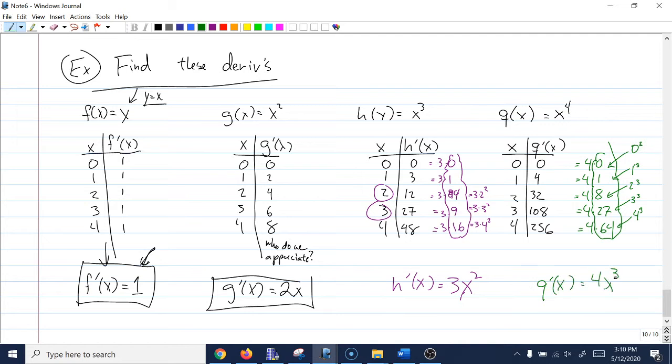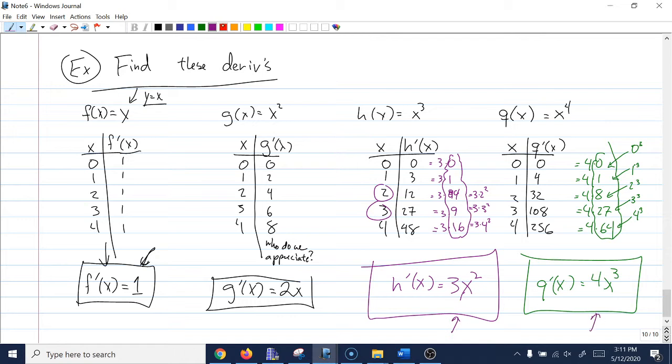And now we've noticed 4 separate patterns, and our hope is to stitch these together into one bigger meta pattern, like 2x, 3x squared, 4x cubed. It can help if I call this 2x as 2x to the 1. Maybe it helps to write this 1 as 1x to the 0.